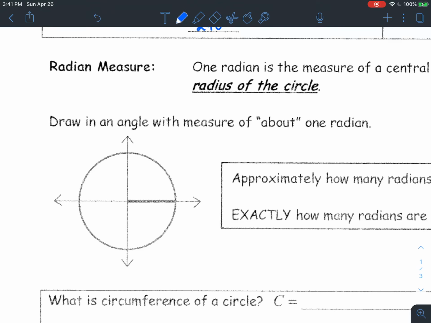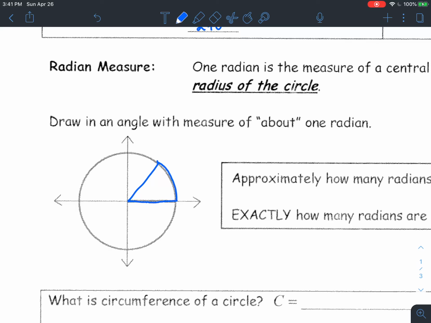So if I was able to, and I can't on my iPad, take this radius, take this length, and put a string and made it that exact same length. But then I took that length of string and laid it around the outside of my circle here. So again, the two blue lengths there are the exact same. One is just in a straight line, one is curved.